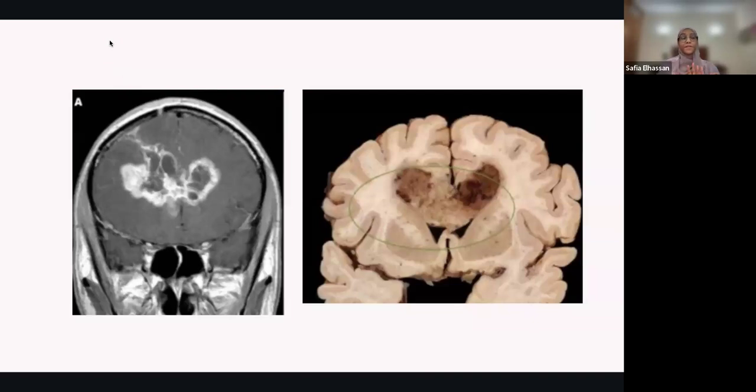So a butterfly tumor is a very, very aggressive form of glioblastoma, and it basically spreads across the cerebral hemispheres through the corpus callosum. So the corpus callosum is very dense. So it would really require an aggressive type of tumor to be able to actually cross through it. And another feature of this tumor, and although this is very rare, is that it can actually metastasize outside of the CNS through the CSF.